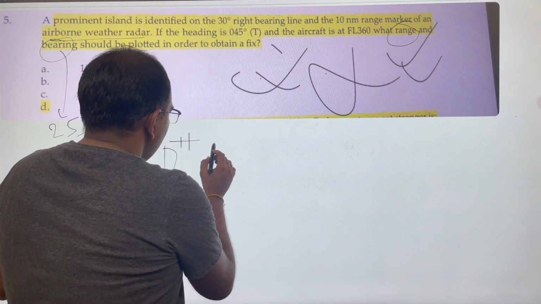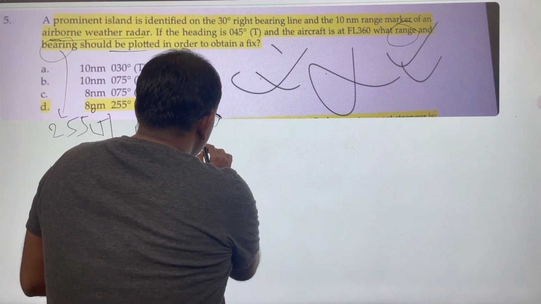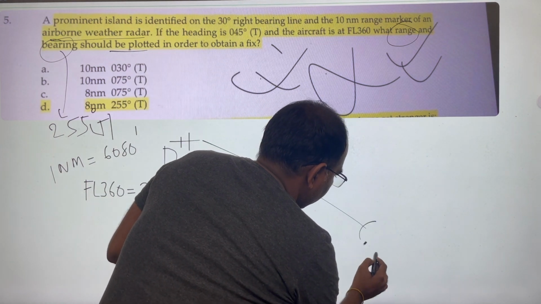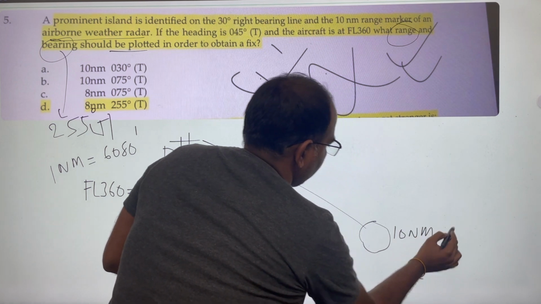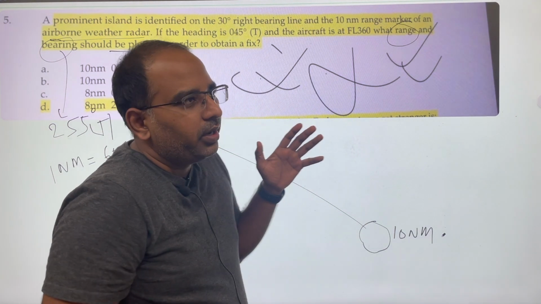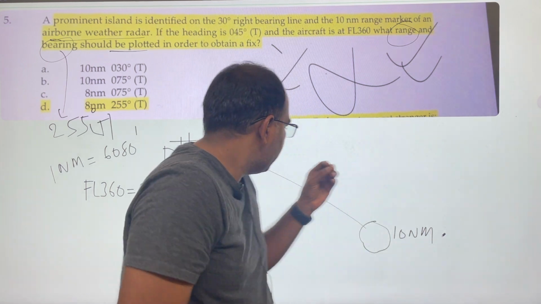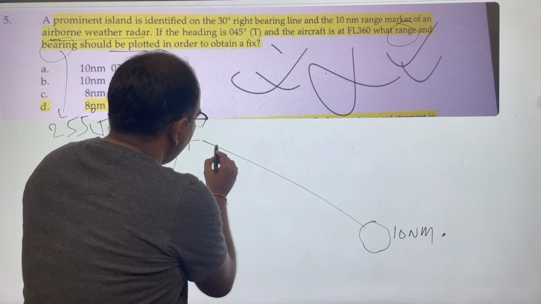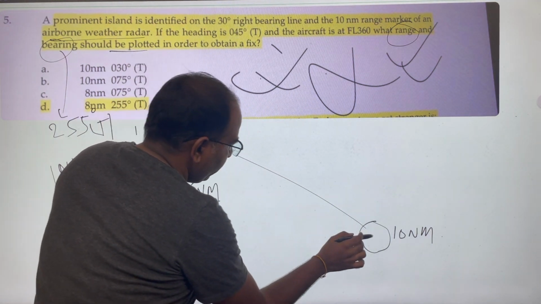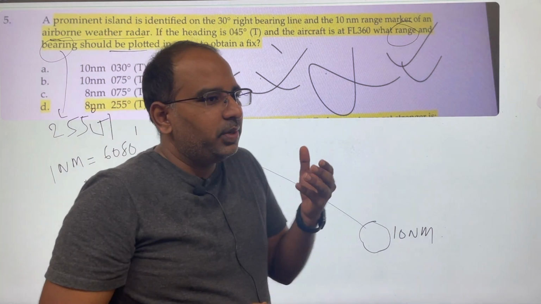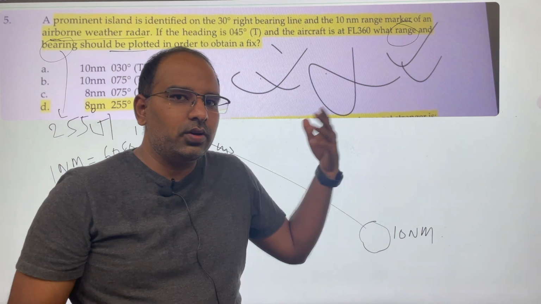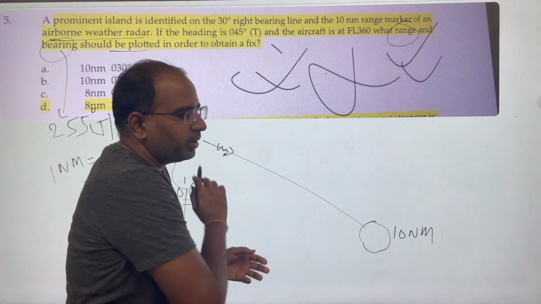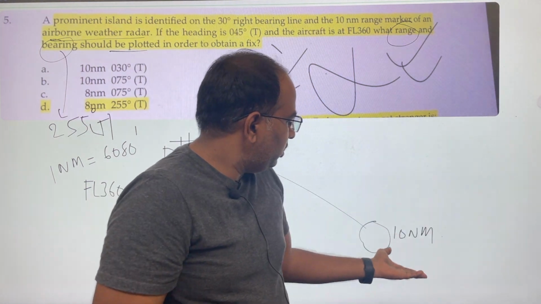Now it has plotted the island at a distance of 10 nautical miles, correct. See, weather radar is a primary radar, it will just send a wave, the wave will get reflected back, and the speed of the wave is equal to the speed of light, and this time taken will be calculated, and then you will obtain a distance, correct.